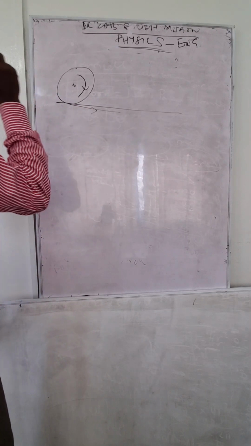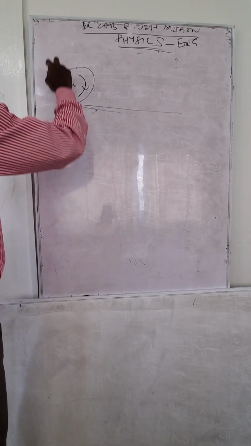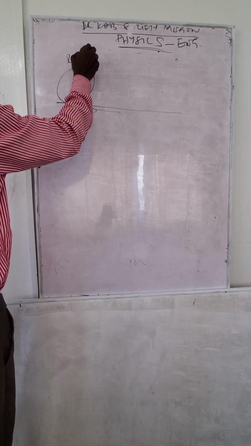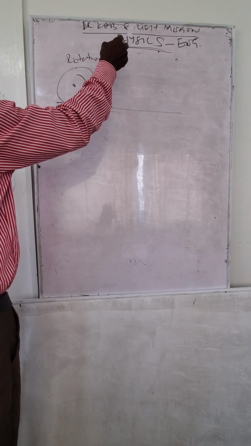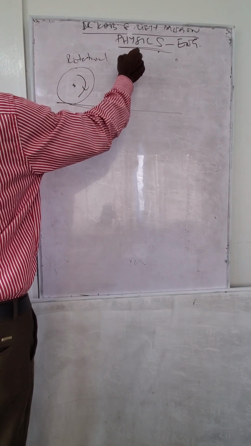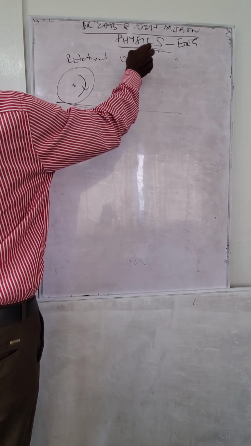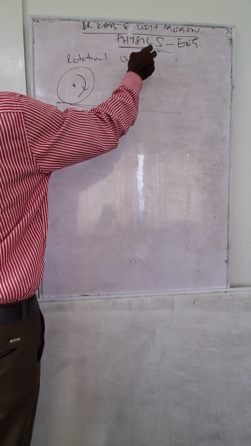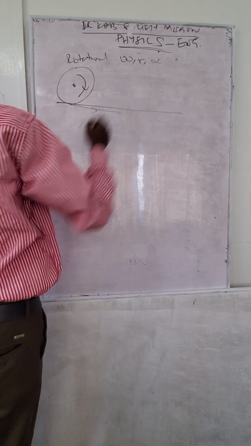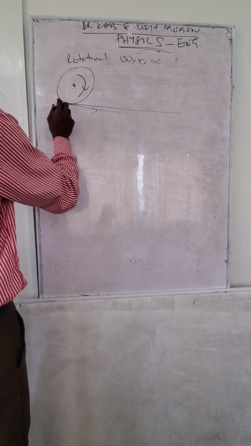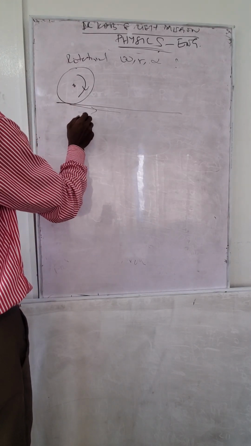So here we have two kinds of movement. We have rotational, which you can describe using omega, r, angular velocity, radius, and acceleration. Then as it's going straight, this is translational.